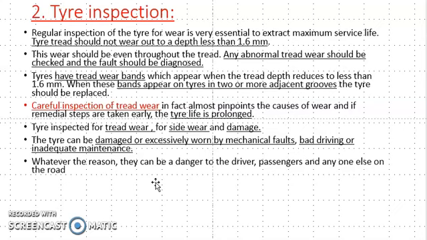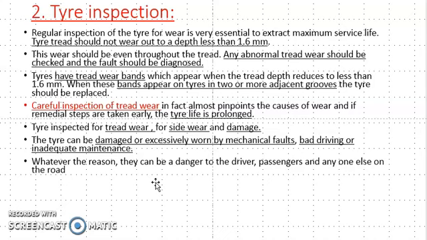Okay, the tire can be excessively worn or damaged by mechanical faults, bad driving or inadequate maintenance. There may be one of these three reasons for excessive tire wear. If we have not maintained the tire well, then it is dangerous to the driver as well as the passengers when the vehicle is on the road.